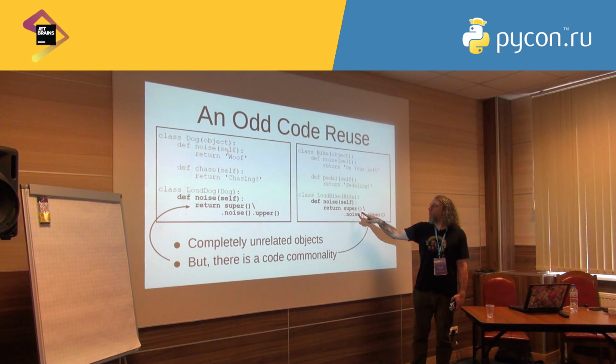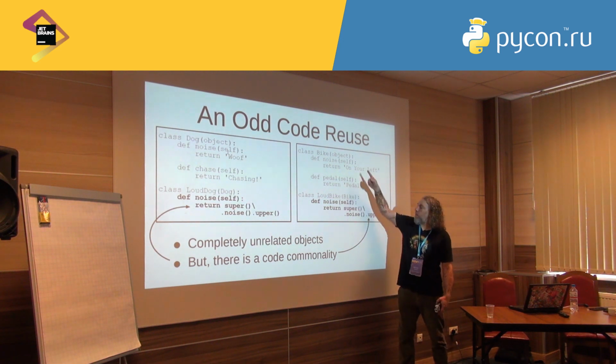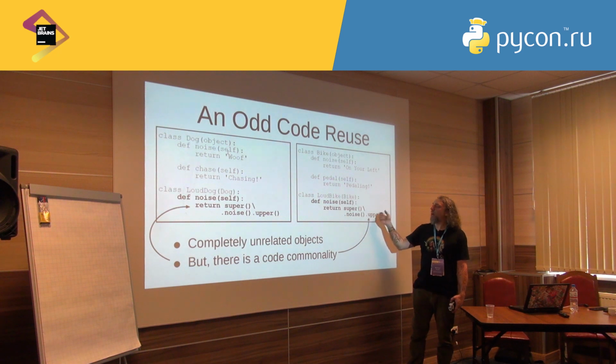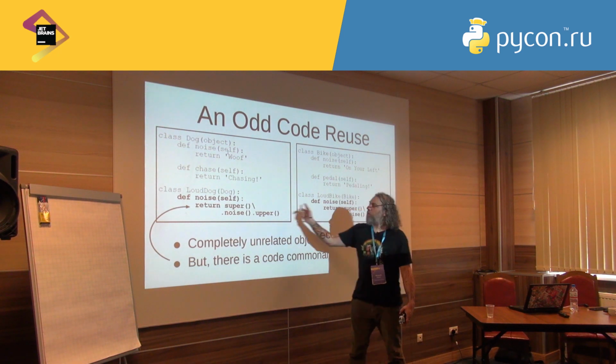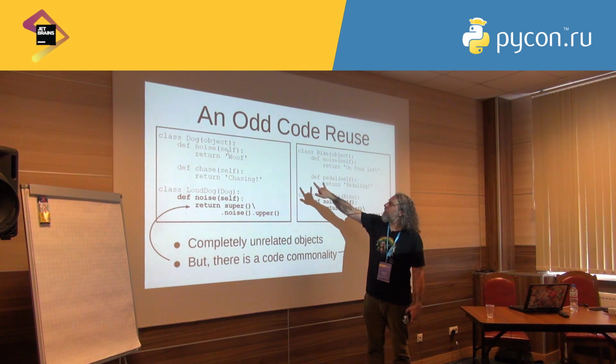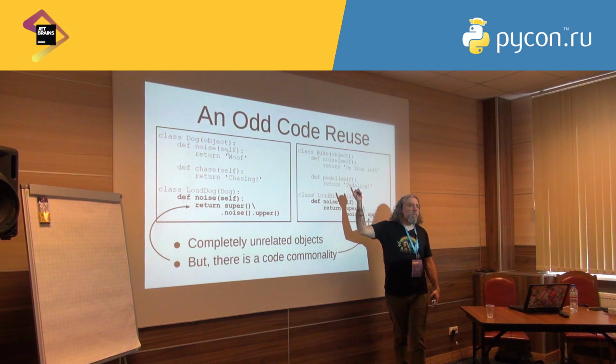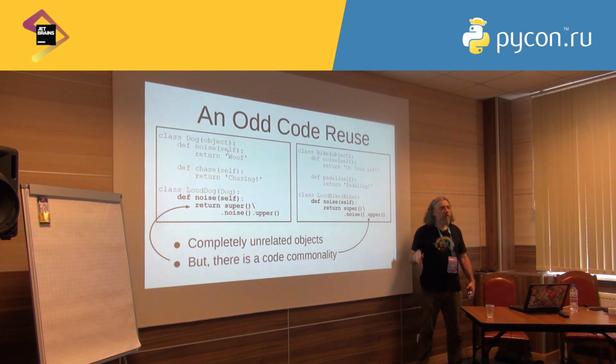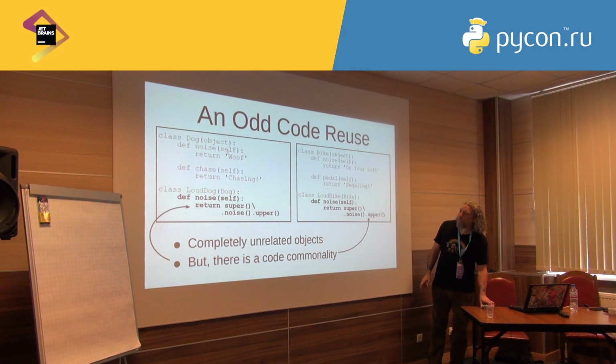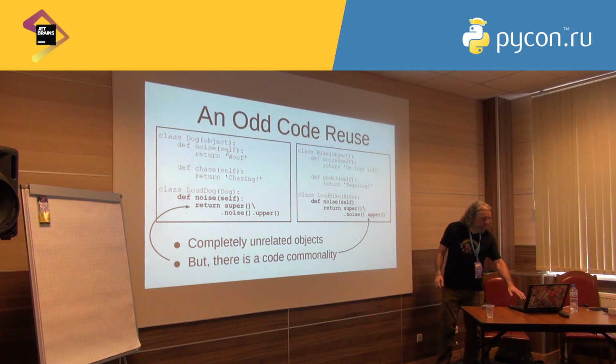We override noise, and the super class noise now calls up to the base class implementation, and then calls .upper on it. And look, we've got exact code duplication here. But these classes are not in any way involved in the same inheritance hierarchy, so we can't just share it. How can we get rid of this code duplication?